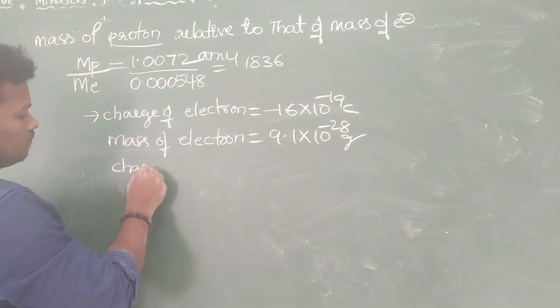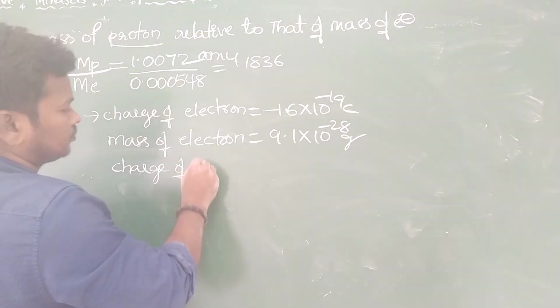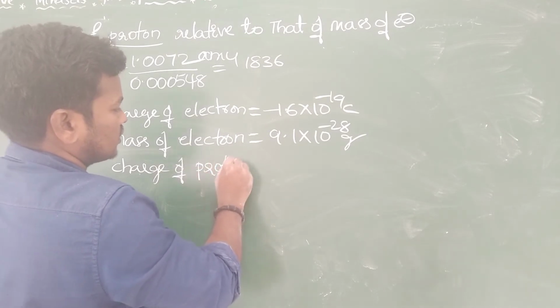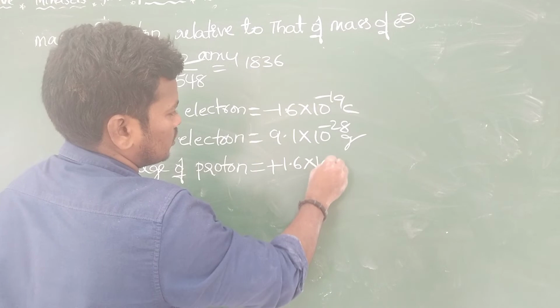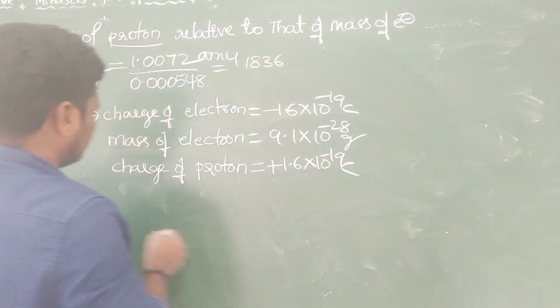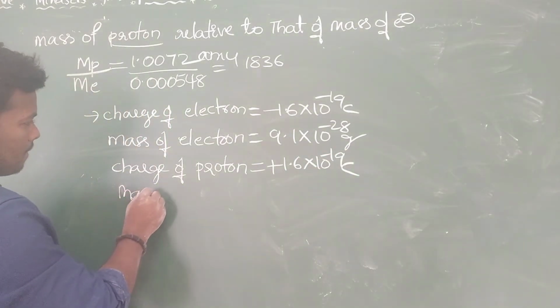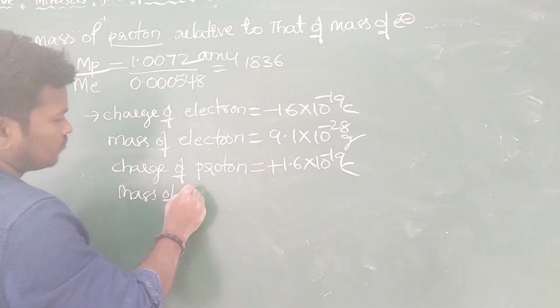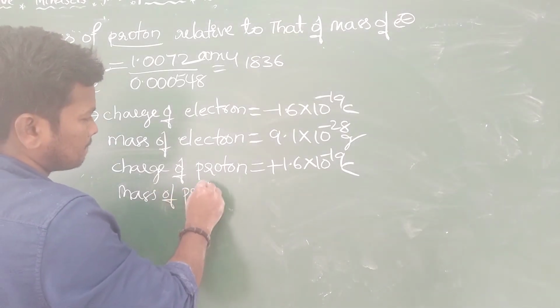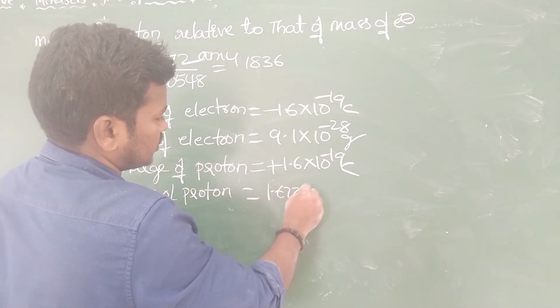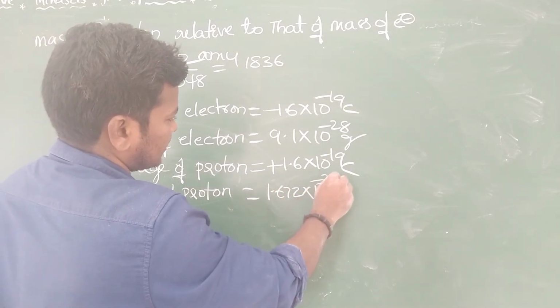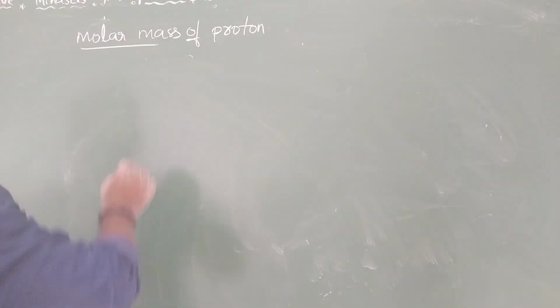Charge of the proton is equal to plus 1.6 into 10 to the power of minus 19 coulomb. Mass of the proton in grams is 1.672 into 10 to the power of minus 24 grams.